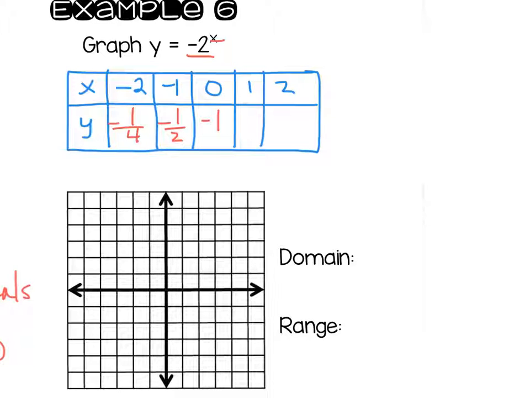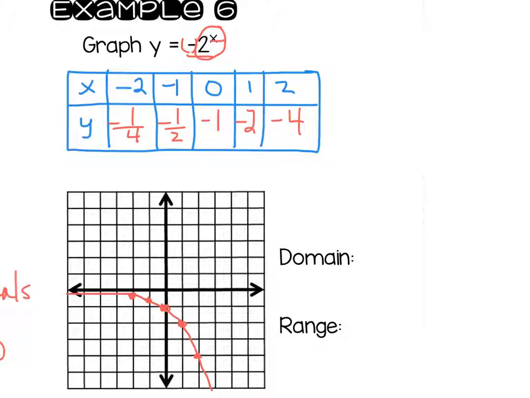Now recognize that this negative is negating whatever is happening to the 2 raised to the exponent, so you have to keep that in mind. Negative 2 to the 1 power is going to be a negative 2, and negative 2 raised to the second power is going to give you a negative 4. And when we graph them, we get the following. So here are points, and we can draw the line to connect those.